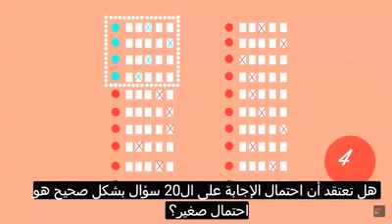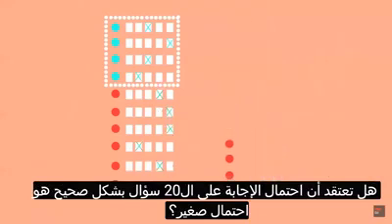Are you thinking that the probability of getting all 20 questions correct is pretty small? Let's find out just how small. Do you recall the fundamental counting principle that was stated before?